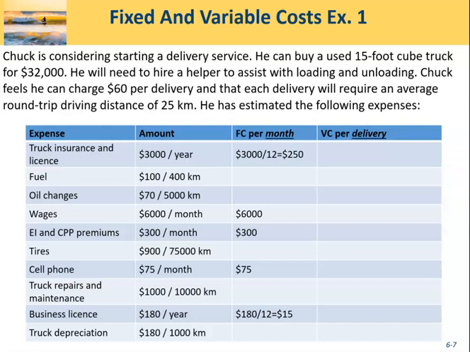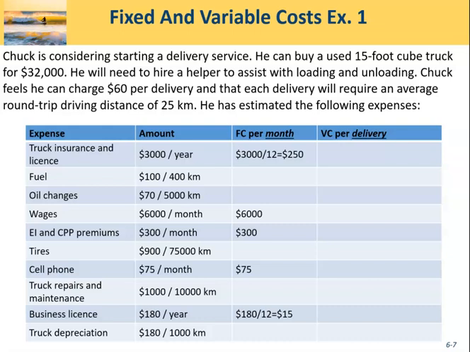Then we're going to look at our wages. If it's $6,000 per month, wages are often on a per hour basis, whereas salaries are per month or per year. But in this case, on a per month basis, we are committed to pay $6,000.